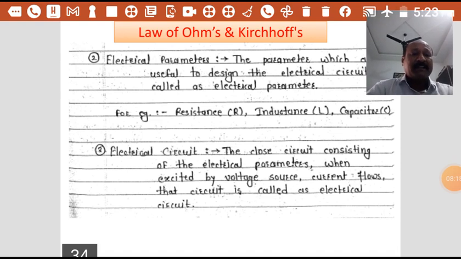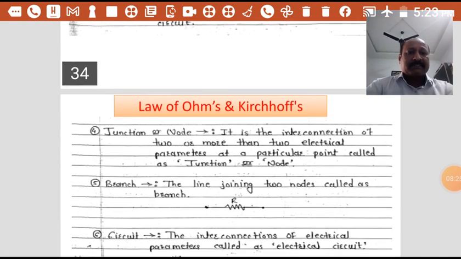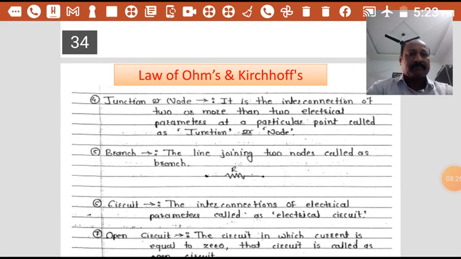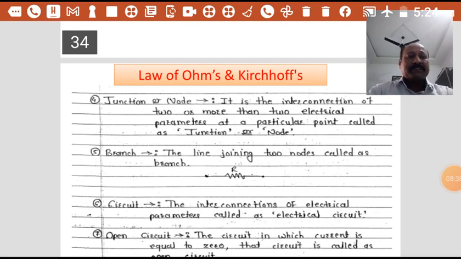So the next one is the junction or node. How will you define the junction? What is the junction or node? It is the interconnection of two or more than two parameters at a particular point, called a junction or node.